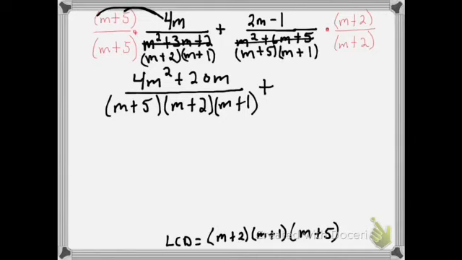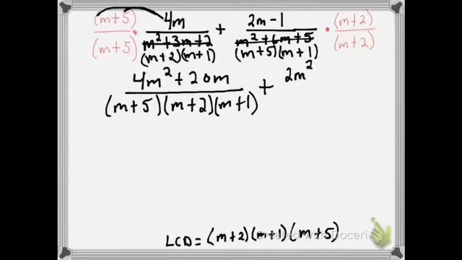Now, on the top of the second fraction, we are going to need to FOIL this m squared minus 1 times m plus 2. That's going to get multiplied together. So just use the FOIL method, box method, however you want to do that, but you've got to get both of those multiplied together. When you do, you should end up with the trinomial 2m squared.